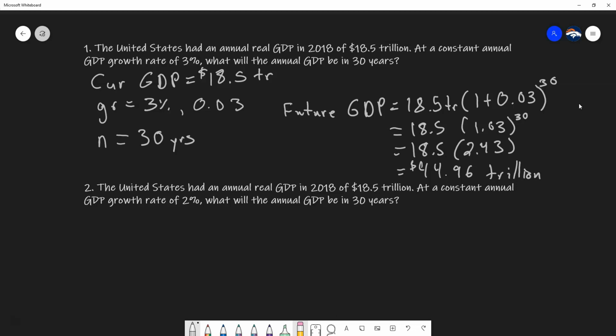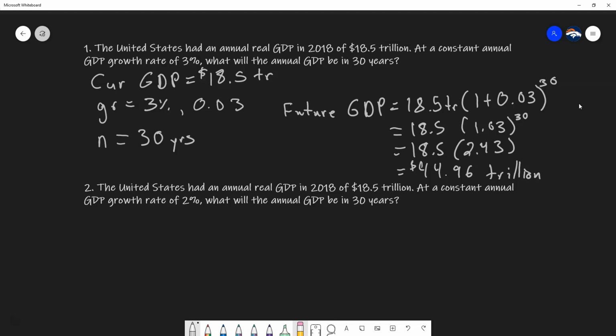That would be 30 years from 2018, in 2048, at a constant growth rate. So if GDP grew at a constant growth rate of 3%, your future GDP would be 44.96 trillion. Well, let's look at what would happen if it grew at a smaller rate, so at 2%.